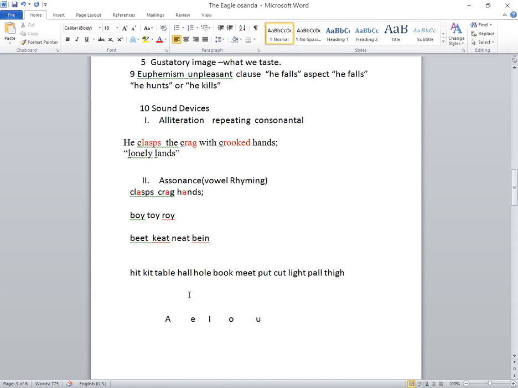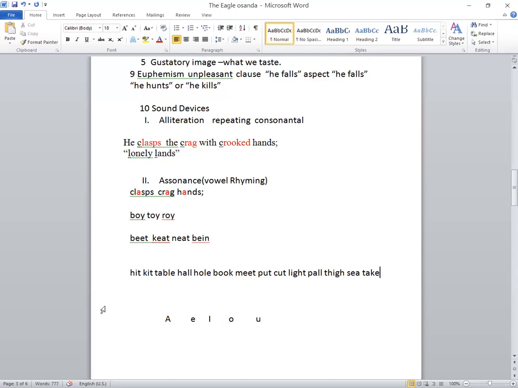Hit, kit, table, hall, book, meet, put, cut, light, fall, tie, see, take. Now you have to match the similar couples.